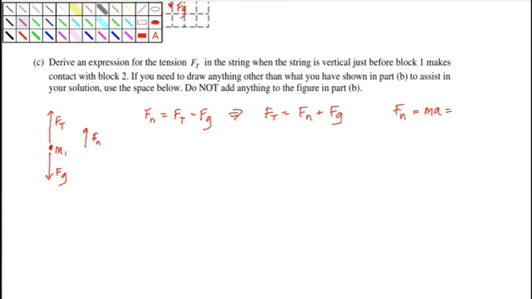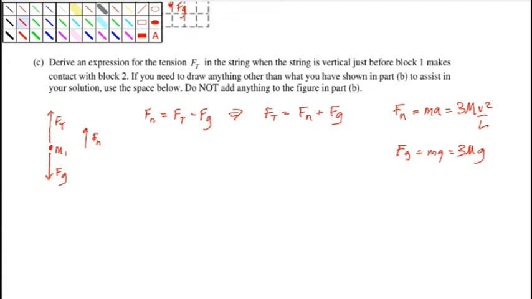But in our particular case, the block is 3m, and the acceleration is v squared divided by L. We also know that the downward force is going to be mg, but in our particular case it is 3m times g.